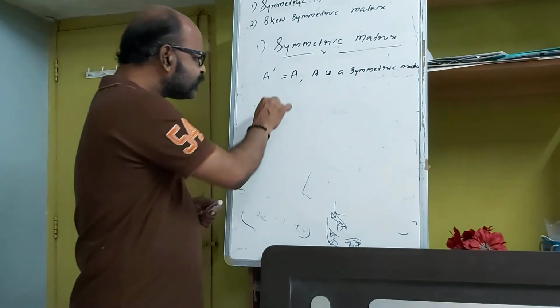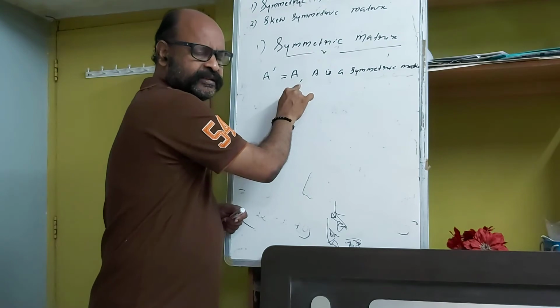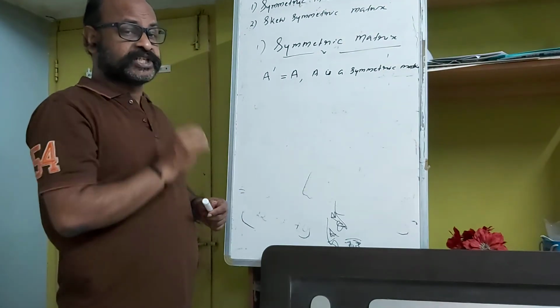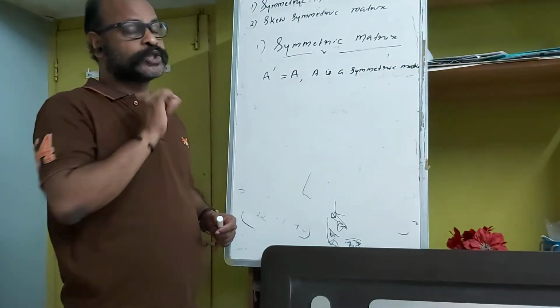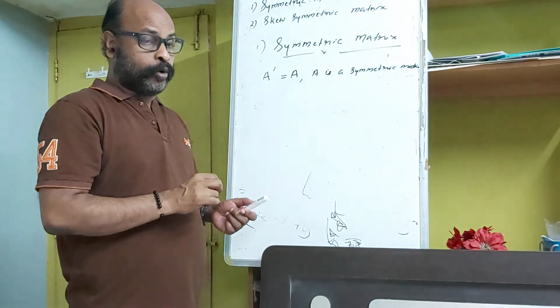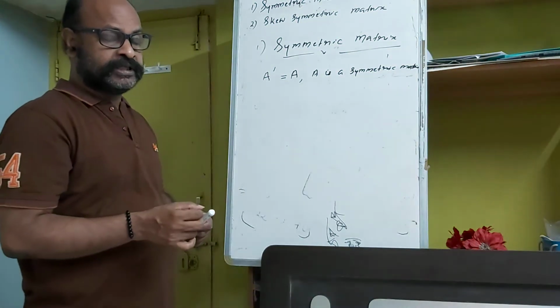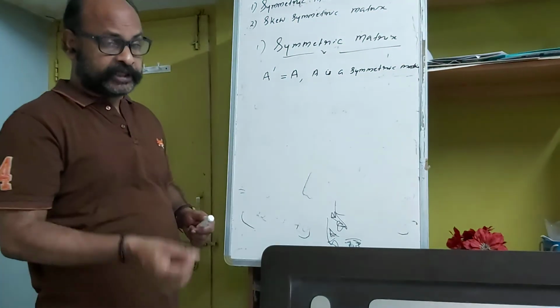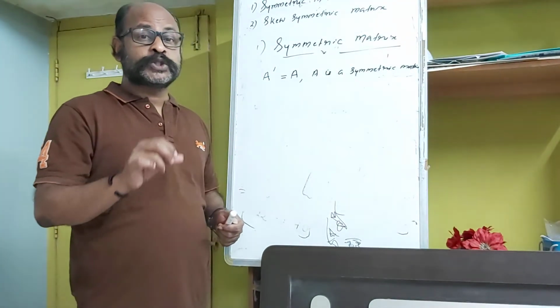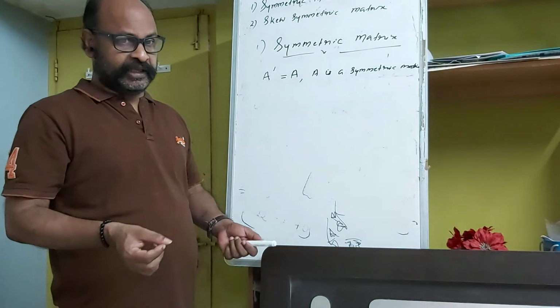After the definition, it is now very clear why we considered the matrix A as square. Because on taking the transpose, the order gets reversed. If A is of order 3 by 2, then A transpose is of order 2 by 3.